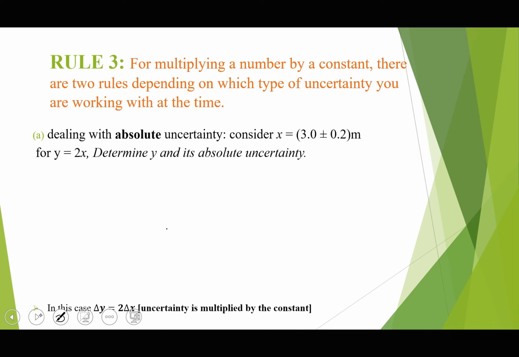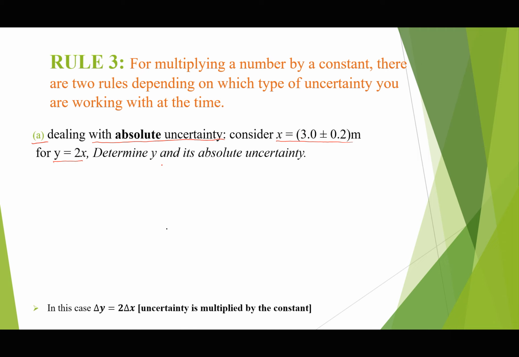So in part A, let's assume you are dealing with absolute uncertainties. And let's consider a quantity x equals 3.0 plus or minus 0.2. How do I find the absolute uncertainty in a quantity y, which is defined as 2x? The question is saying determine y and its absolute uncertainty.